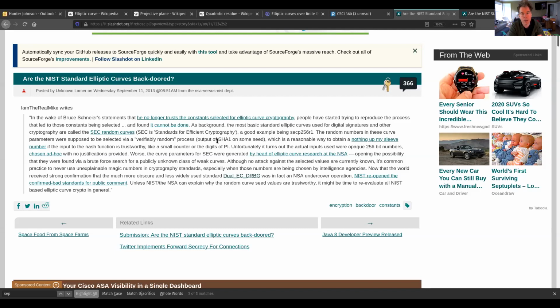Because SHA-1 is a hash, which is supposed to have pre-image resistance, they couldn't just make any number come out of the SHA-1 hash that they wanted to. They pick an input, and then theoretically the output of SHA-1 is like a pseudo-random function of that input. So that should really be a random determination of the parameters P, A, and B.